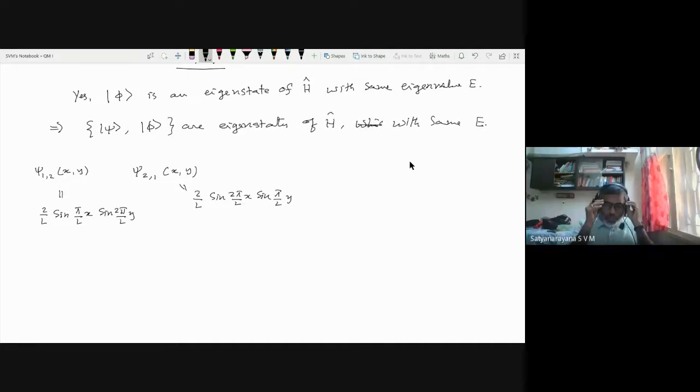Yeah, but what I'm trying to say is, suppose you are trying to plot this function. Let's say you have x and y, and I want to plot this function. Along the x-axis, there is no node, so along the x it will be like this.